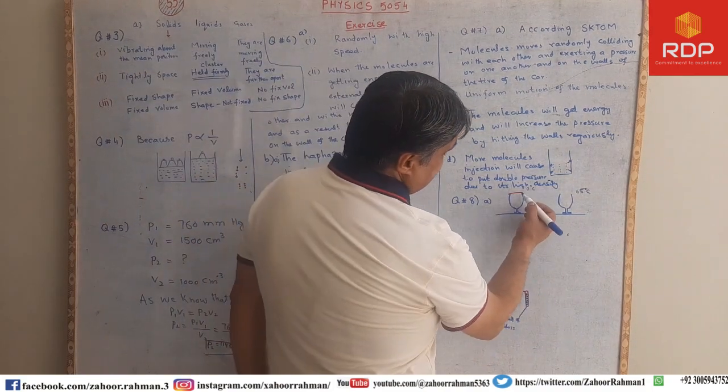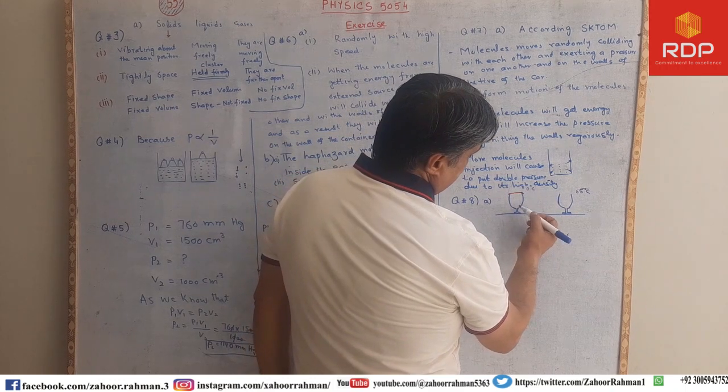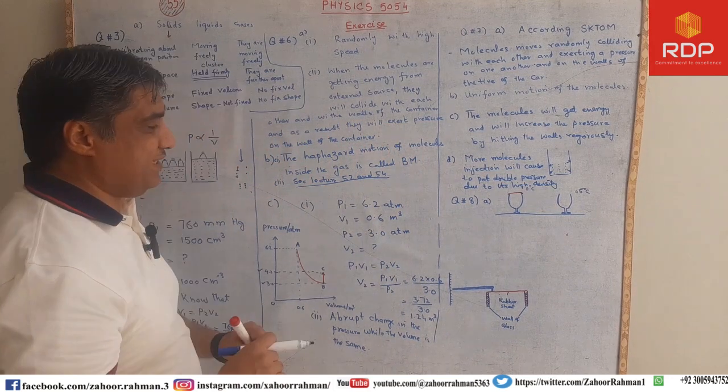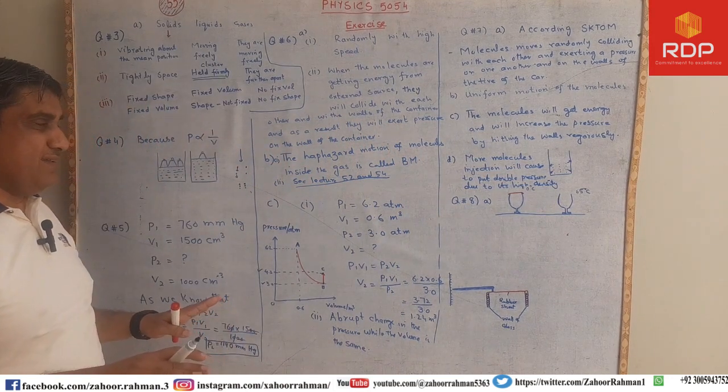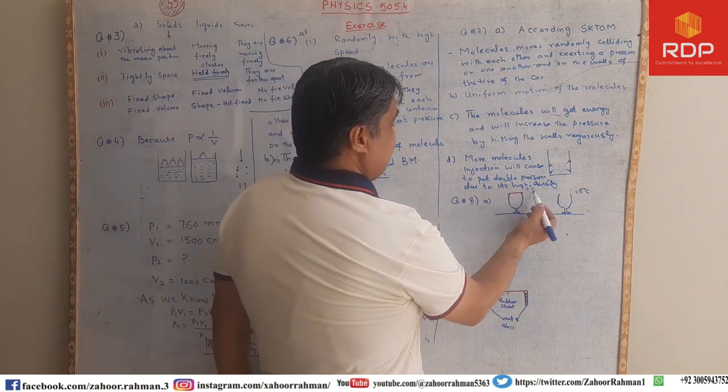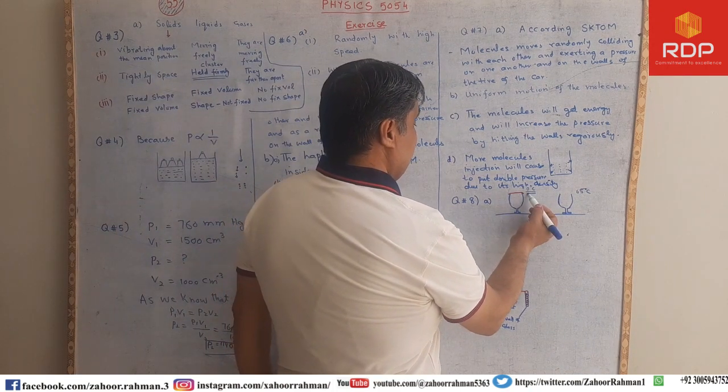There is a wine glass here on which, if you can see in red, I denoted there is a rubber seal above, and this is at 0 degrees Celsius.